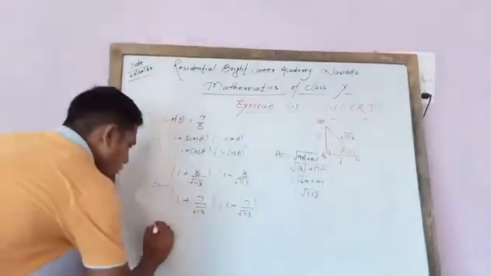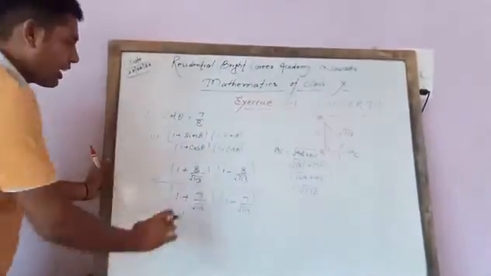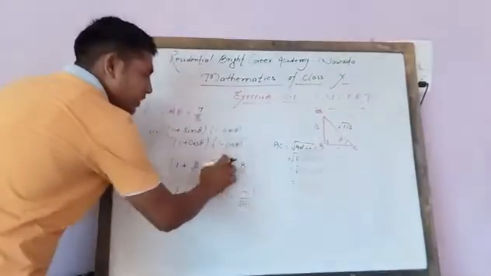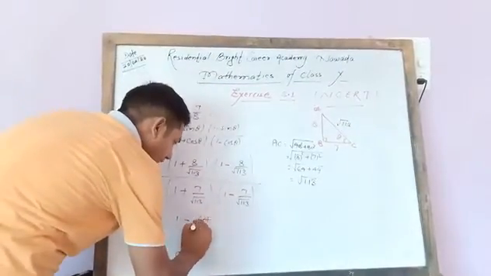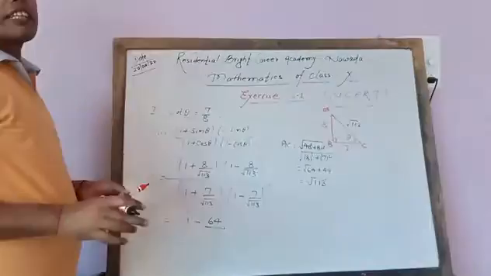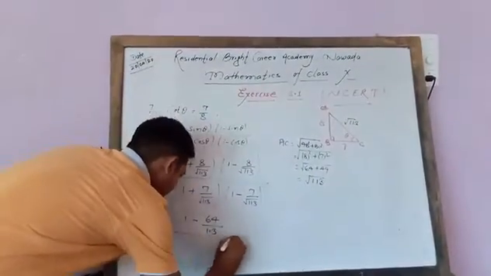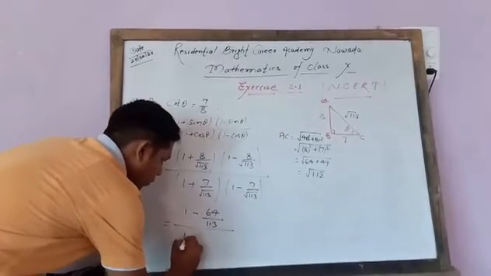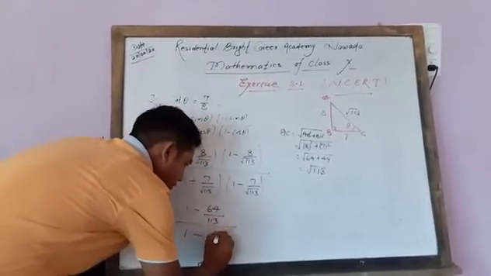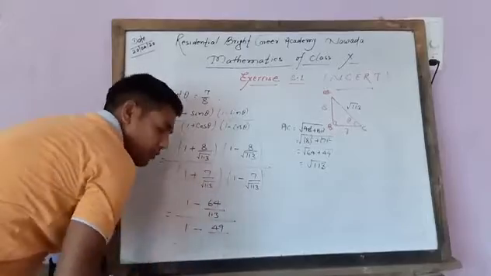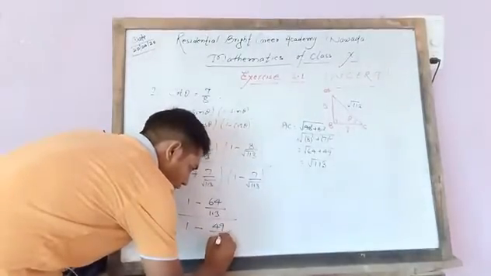We can write 1 squared, it means 1, minus b square. 8 squared means 64, and root under 113 squared is written only 113 upon 113. 1 minus 7 squared is equal to 49, and root under 113 squared is equal to 113.